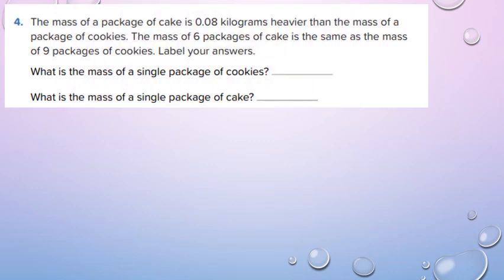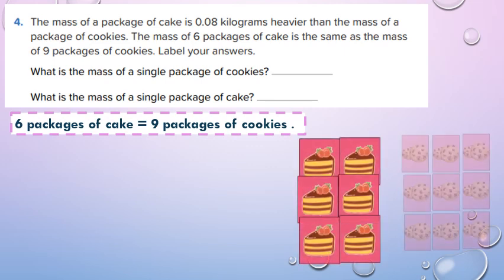Exercise 4. The mass of a package of cake is 800 kilograms heavier than the mass of a package of cookies. The mass of 6 packages of cake is the same as the mass of 9 packages of cookies. Label your answer. What is the mass of a single package of cookies and what is the mass of a single package of cake?